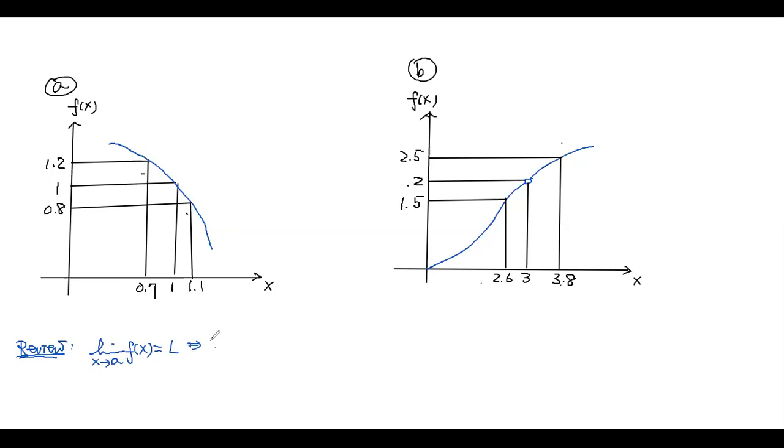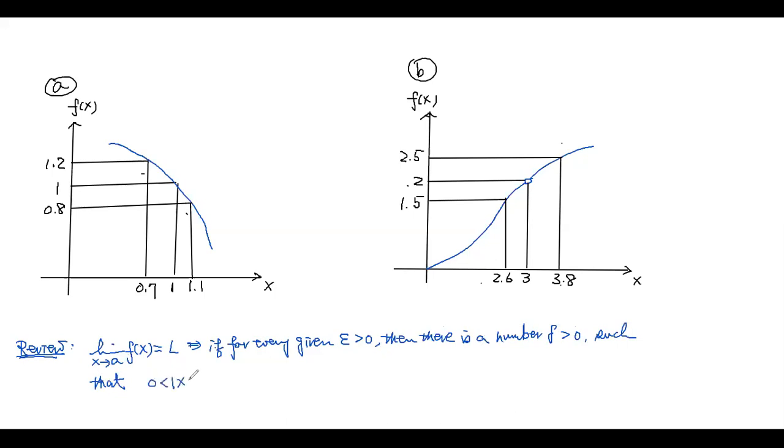Basically, it says: for every given epsilon greater than 0, there is a number delta greater than 0, such that when the absolute value of x minus a is less than delta, then the absolute value of f of x minus L is less than epsilon.